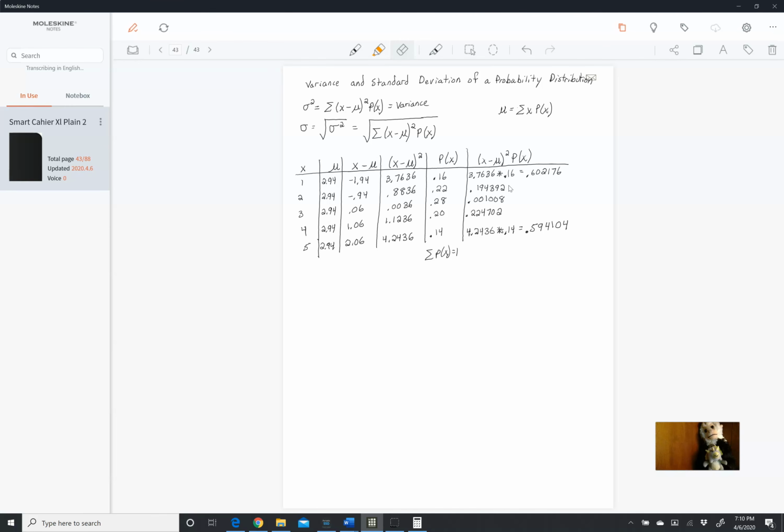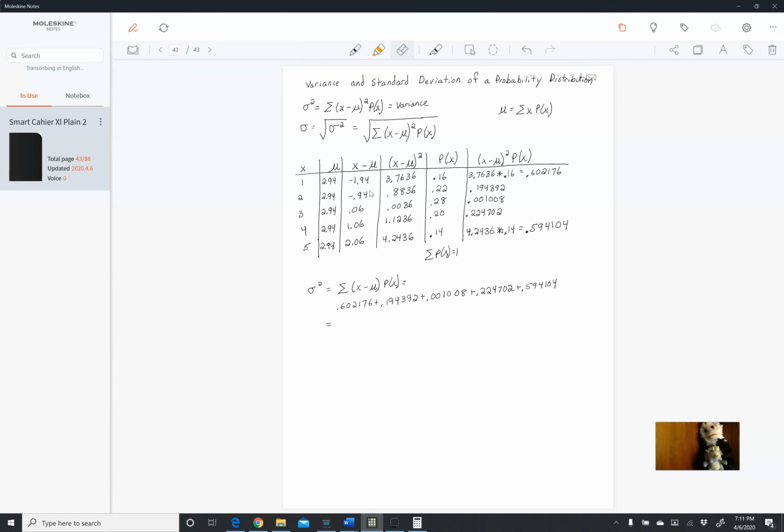Okay, so now we're going to find our sigma squared. Our sigma squared is the sum of that last column. We're just going to add it all together. So it's 0.602176 plus 0.194392, then we're adding the next one, 0.001008, plus 0.224702, and finally plus 0.594104.